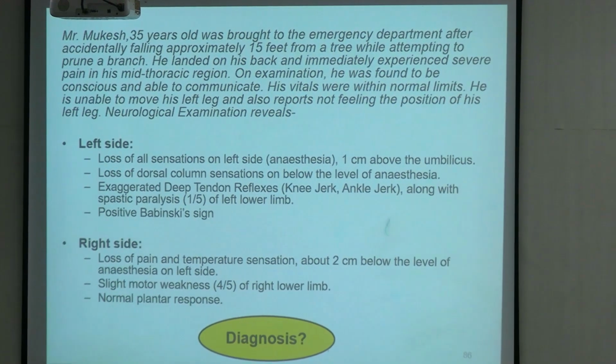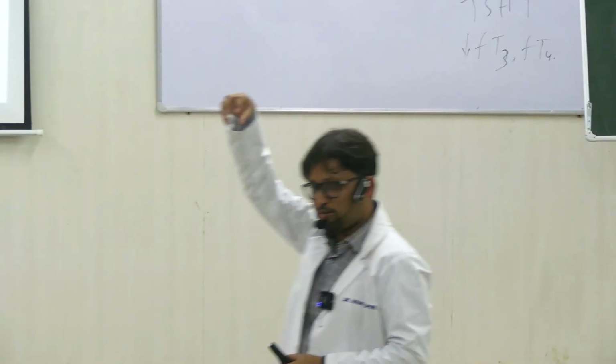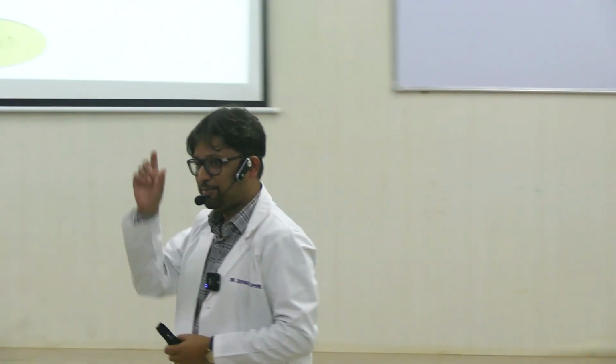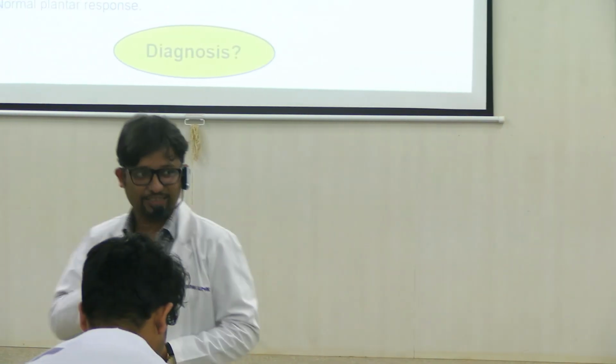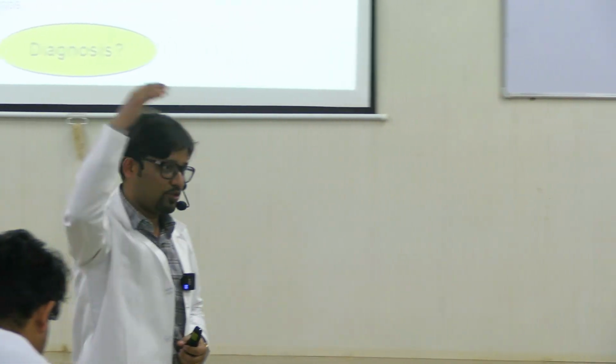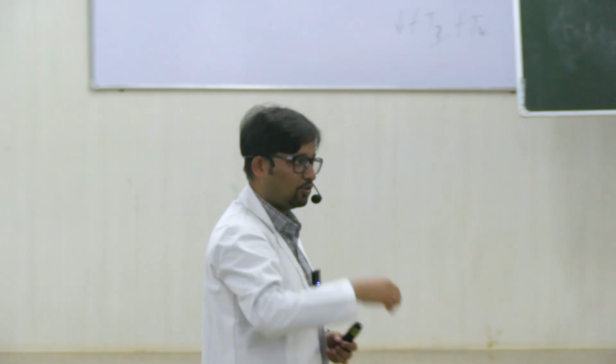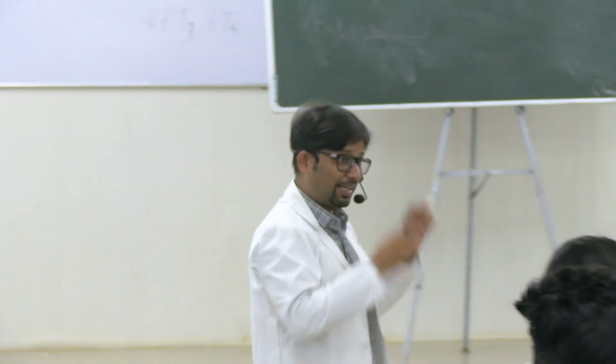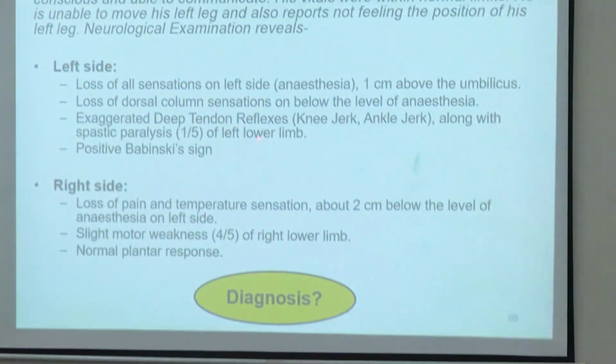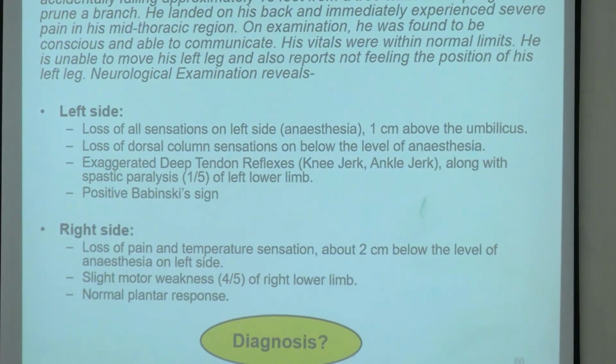The ventral corticospinal tract. The 80% of the fibers we call the lateral corticospinal tract. Their crossing has already happened above, so whatever is coming down the spinal cord will supply the same side. Bulk of the fibers. So that's why on the left side you see 1/5 of the power is left, right?